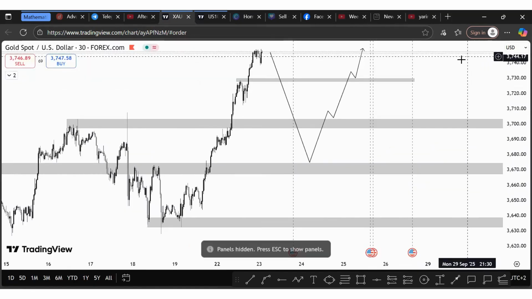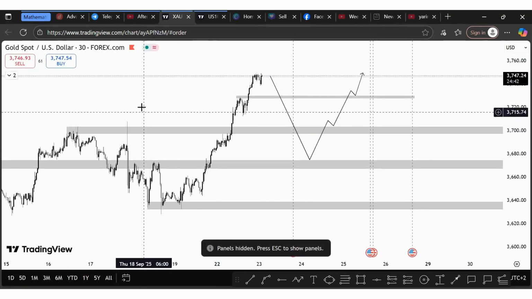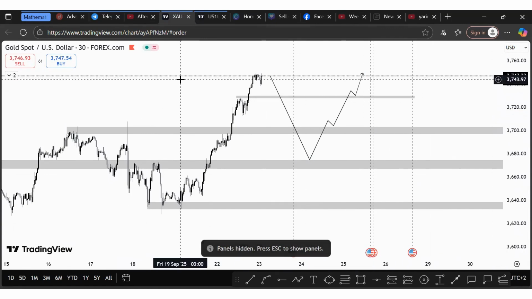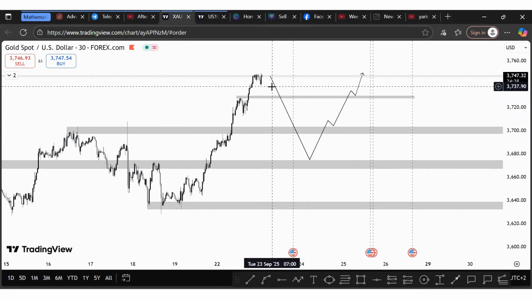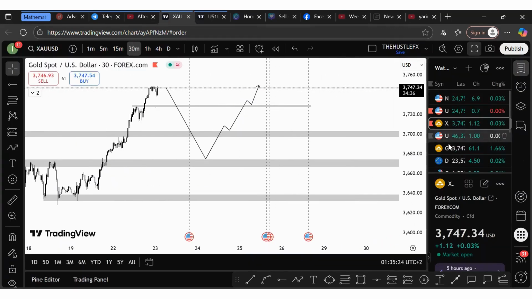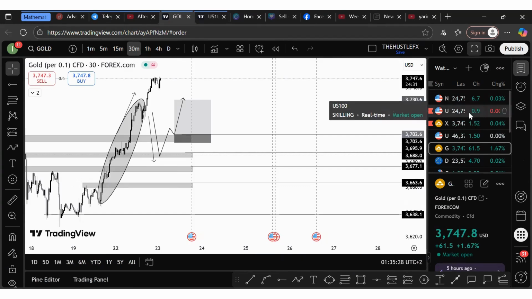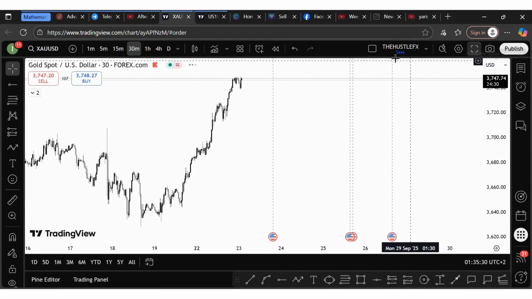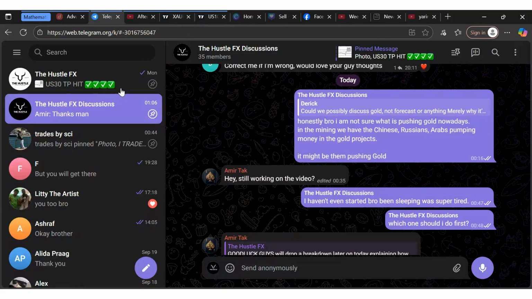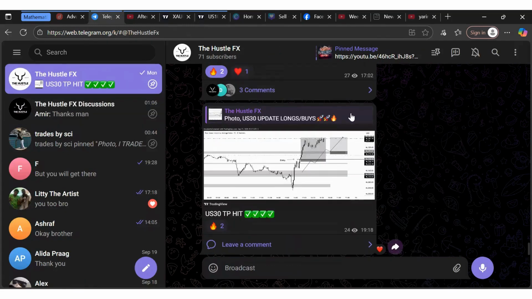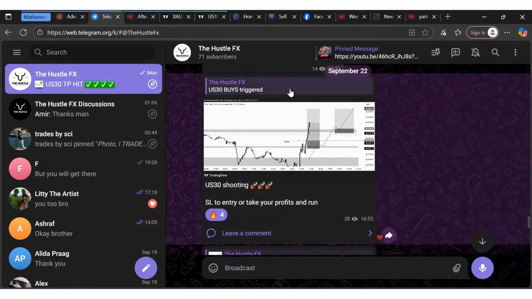So we also have the gold trade, which we actually took, but I'm just gonna show you the analysis.